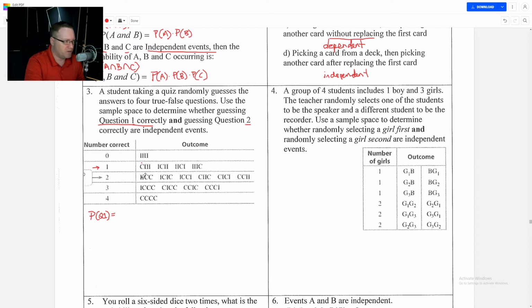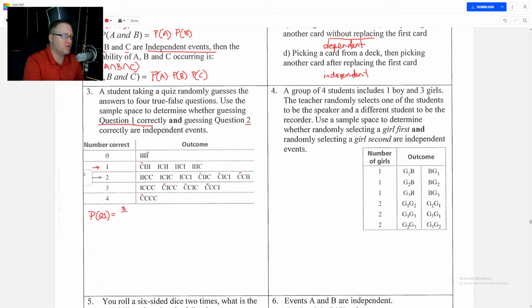None of these do. This one has question 1 correct. This one, it's correct, and this one, it's correct. This one is not correct, but this one is. This one is correct, and this one is correct, and then this one is correct. All of these have question 1 correct. How many are there? 1, 2, 3, 4, 5, 6, 7, 8. So 8 of them have question 1 correct.